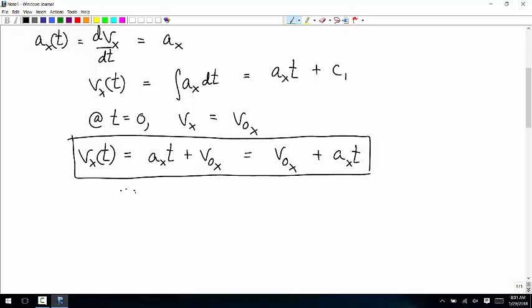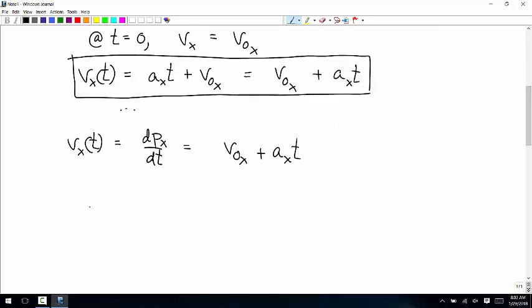Okay, and then from there, we know that this is the function for the x component of the velocity. And so we can say Vx of t is equal to dpx dt, because that's the definition of the velocity vector, and that's equal to v0x plus axt. And we can integrate that.